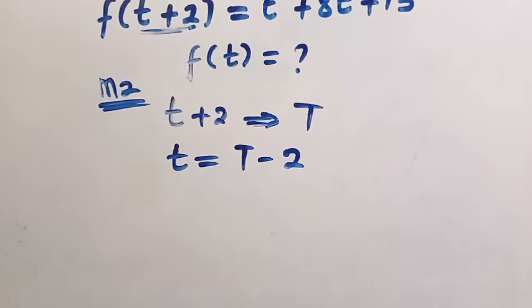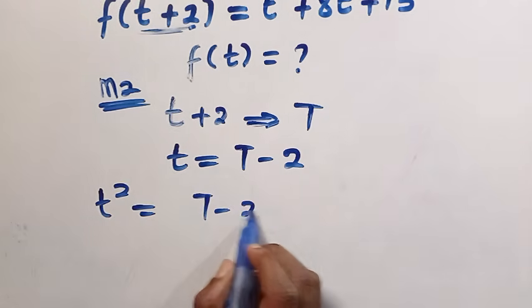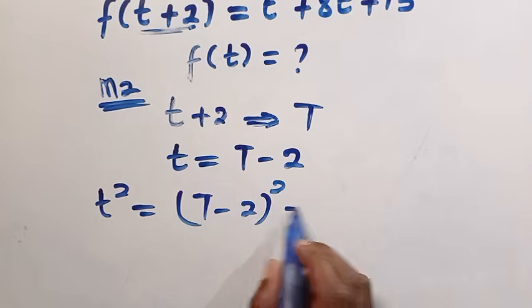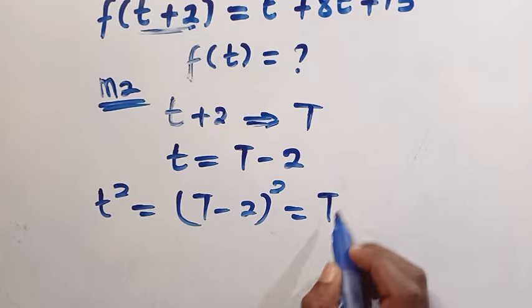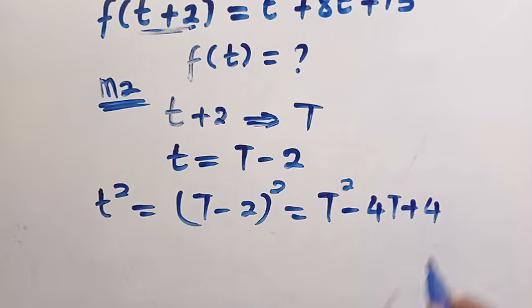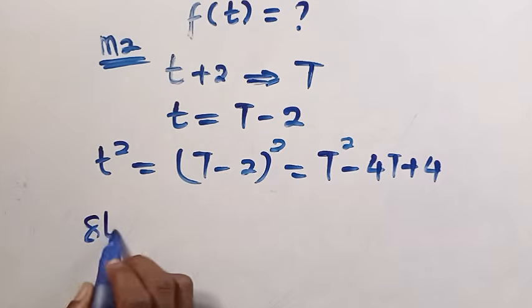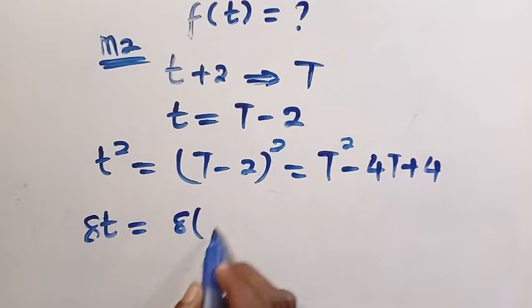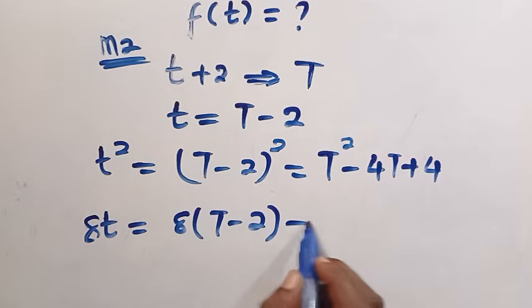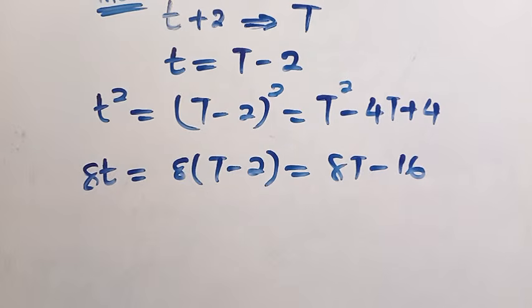Looking at the left hand side, we have to substitute because I need t squared. To get t squared, we have t minus 2 raised to power 2, and that equals t squared minus 4t plus 4. Again, I need 8t. So for 8t, that is 8 bracket t minus 2, which gives us 8t minus 16. Then plus 13.